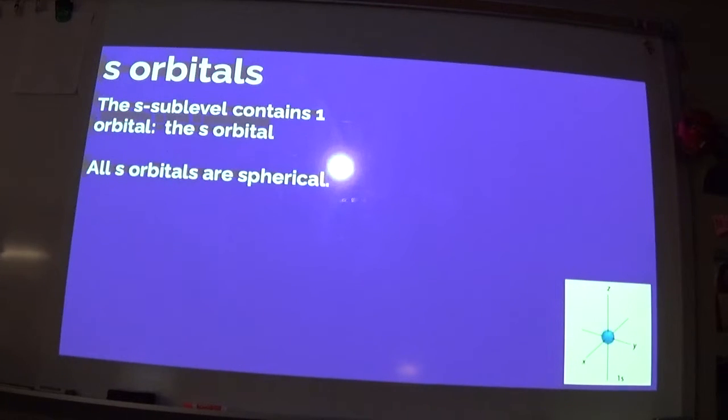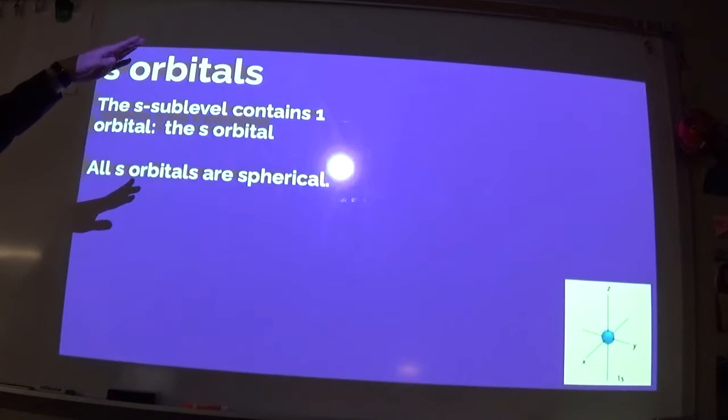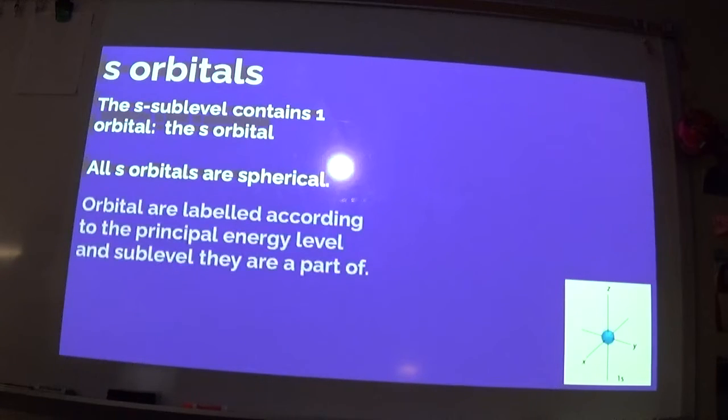Now, an interesting thing is that, yes, there's a 1s, but there's also an S orbital on the second energy level. There's a 2s, then a 3s and a 4s. Those orbitals are the same shape, but because they're higher in energy, they're larger. They're labeled according to the principal energy level and the subshell that they're a part of.